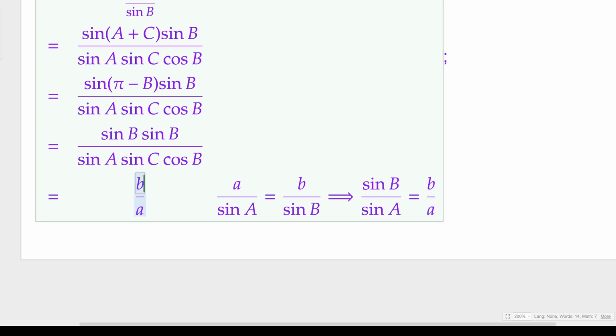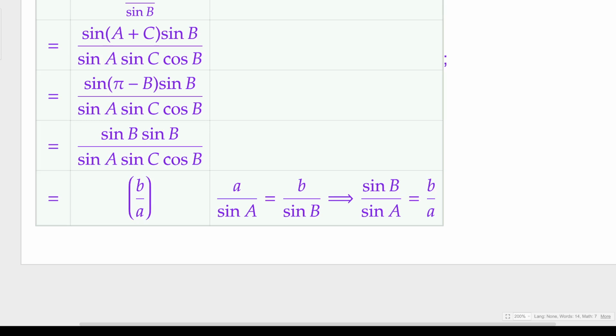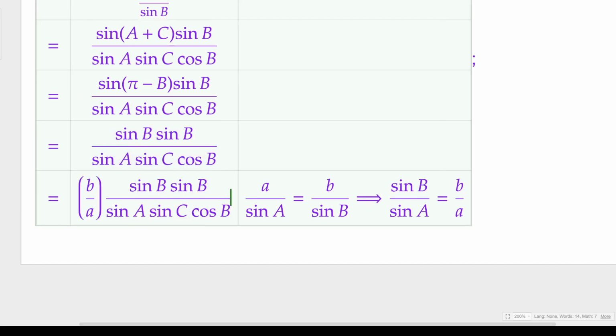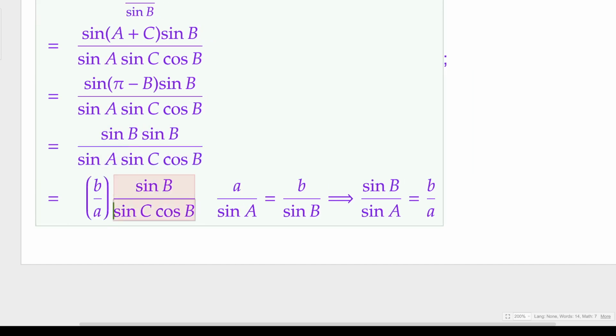So this is one thing. Then next again we have sine B over sine C. I'll go to the next step, and these remaining terms I'll keep the same. This one is already computed. Now my focus is on sine B over sine C.